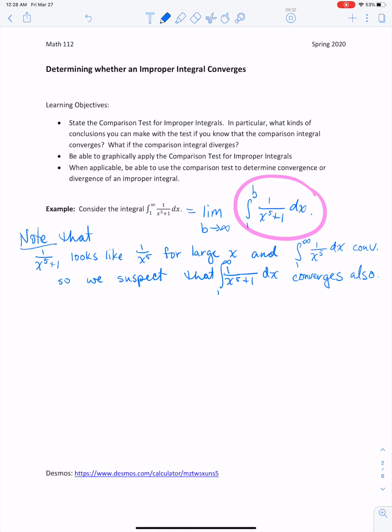And so the way to do that is to notice the following.